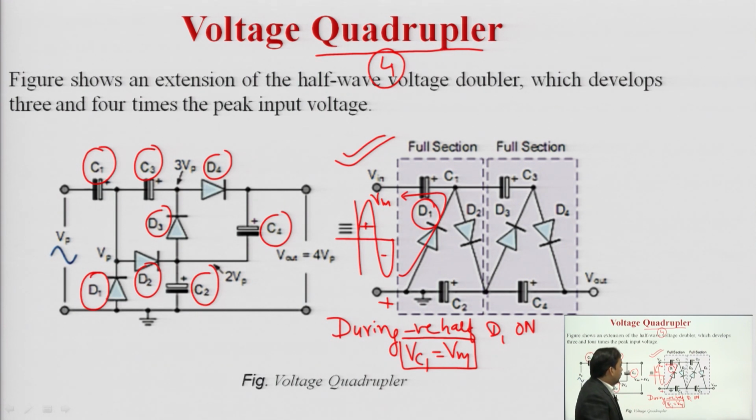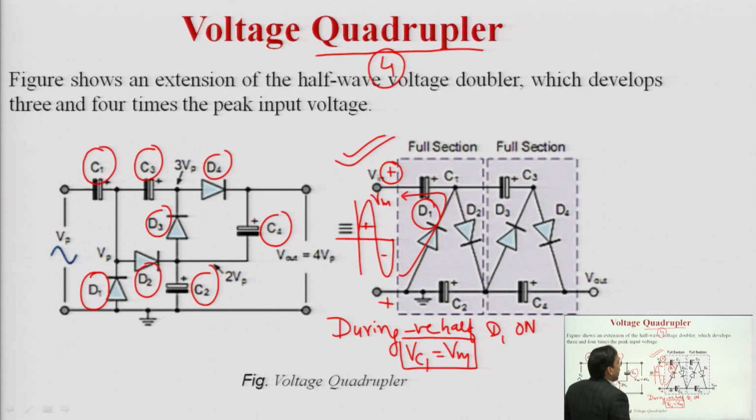Now, we can clearly see that during the positive half cycle, means if we are providing this terminal as positive, it will make diode D1 off, and once D1 is off, diode D2 will be on.